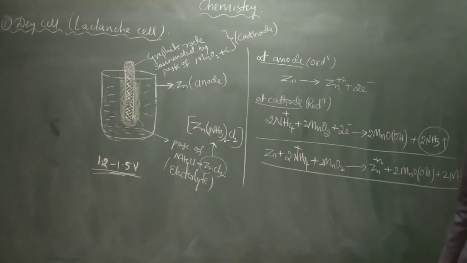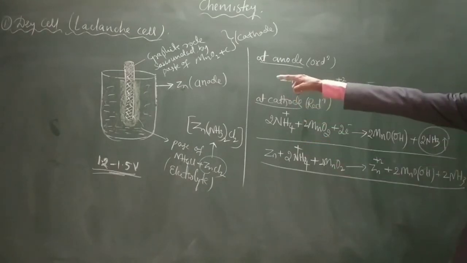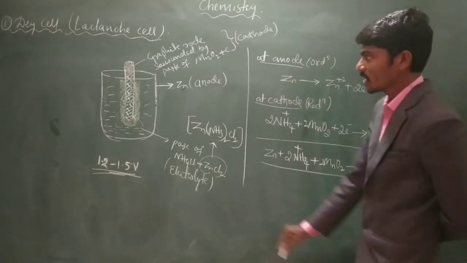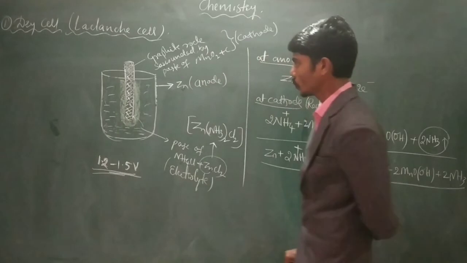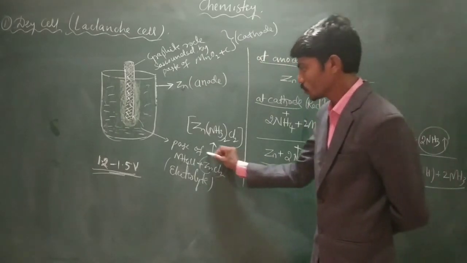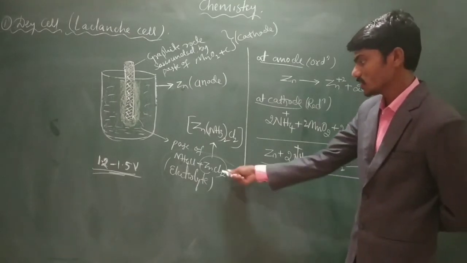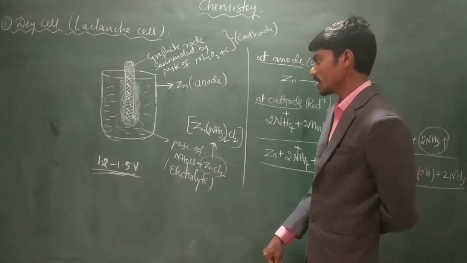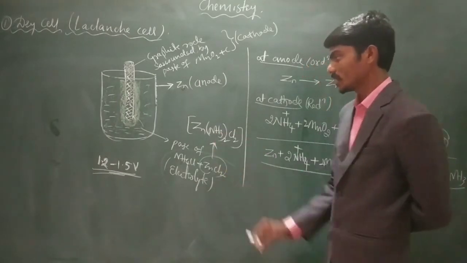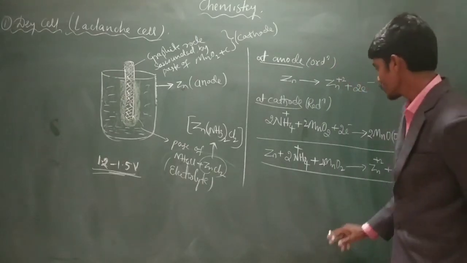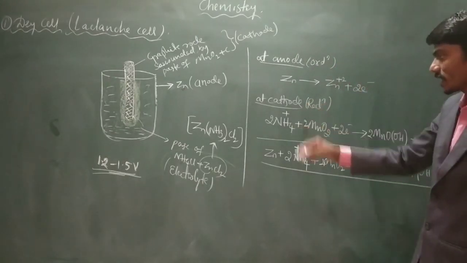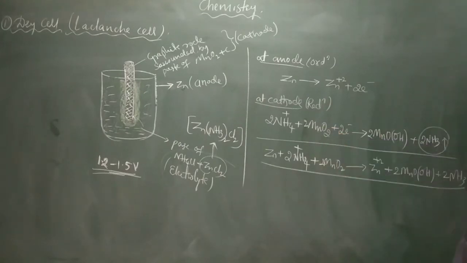In this case the zinc cylinder acts as anode, the graphite rod acts as cathode, and the electrolyte used is NH4Cl and ZnCl2. ZnCl2 makes a coordination compound with the liberated ammonia gas. The ammonia gas is liberated at the cathode. So this is about the dry cell.